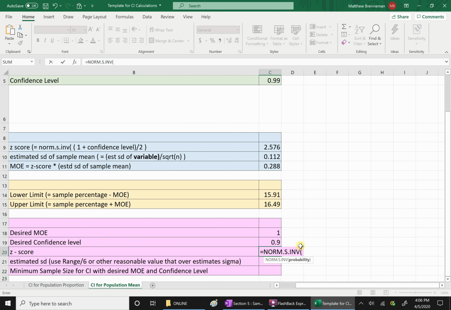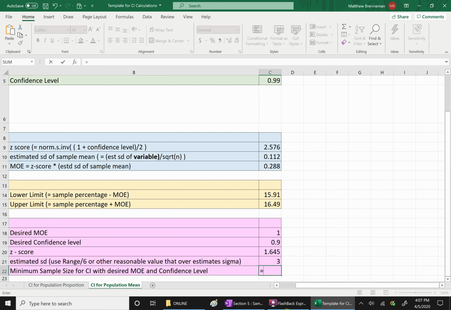NORM.S.INV of 1 plus the confidence level divided by 2. And this number, you remember it after all, it's 1.645. Okay. And we said our standard deviation was roughly about 3. That actually turns out to be a pretty good estimate, a little bit larger than what it generally is for people.